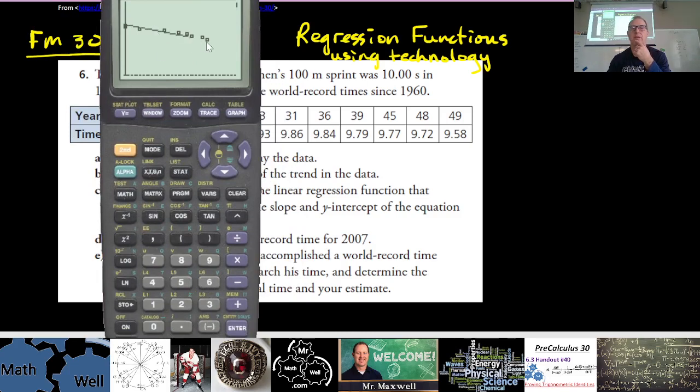Now, if this holds true, second function, trace to the calculate menu. I said 62 is 2022. So 62, the time this year should be 9.62.